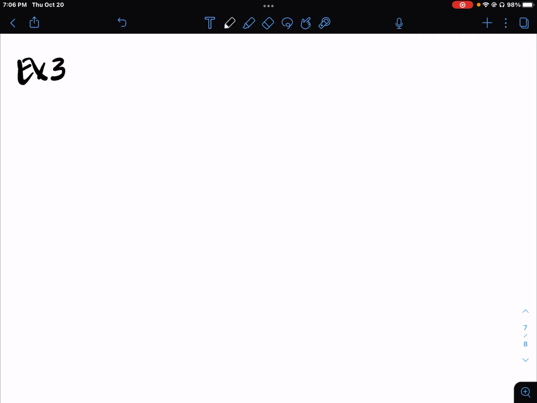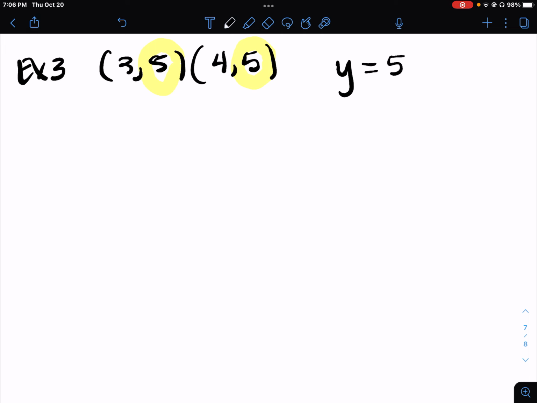Okay, example 3, write the equation through 2 points that are a special equation. Anytime you have the same number in the same spot, it's a special equation. So both of those y's are 5. That means y is always 5, no matter what x is.